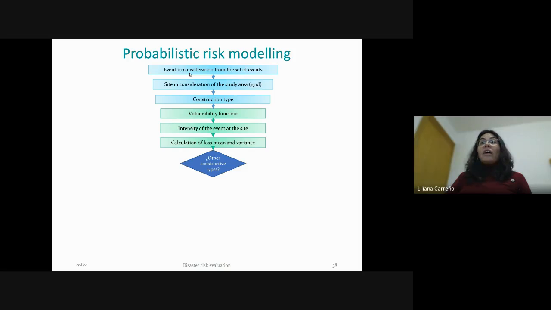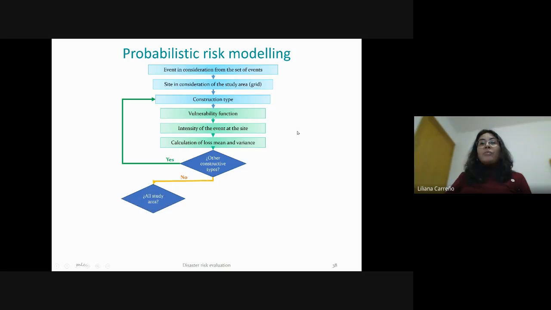Are there other construction types in this area? If yes, I have to repeat this process for all the construction types in this area.